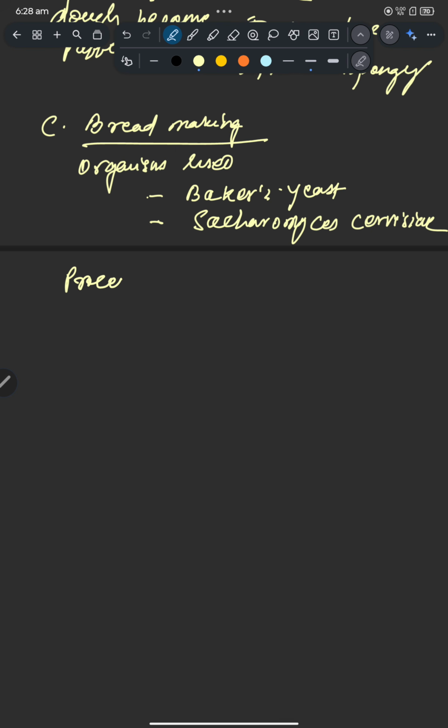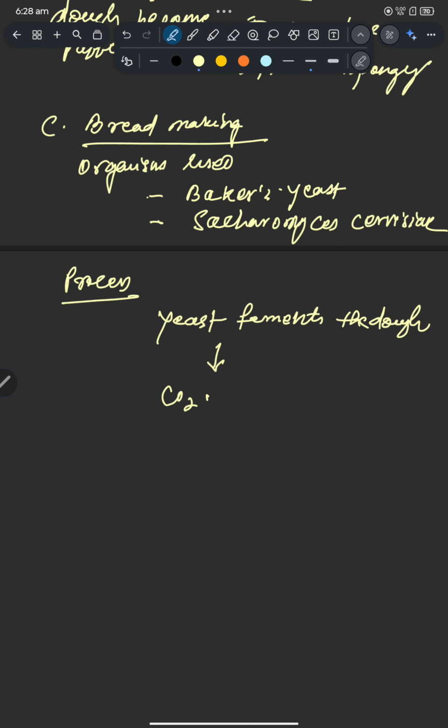Yeast ferments the dough. Then carbon dioxide is produced and the dough rises.